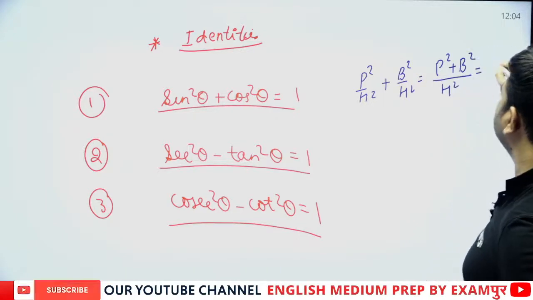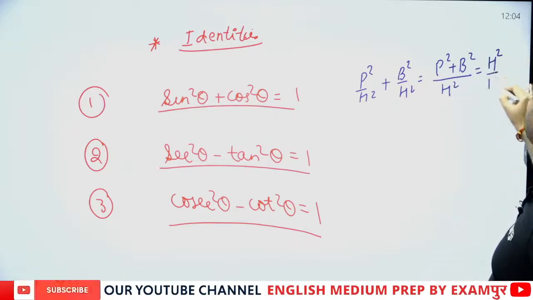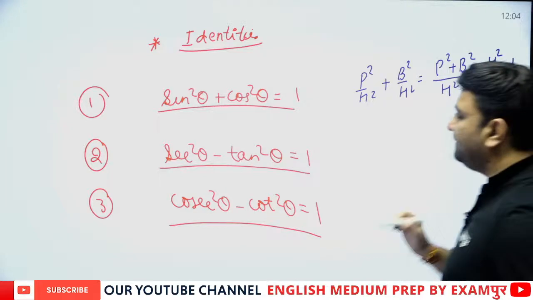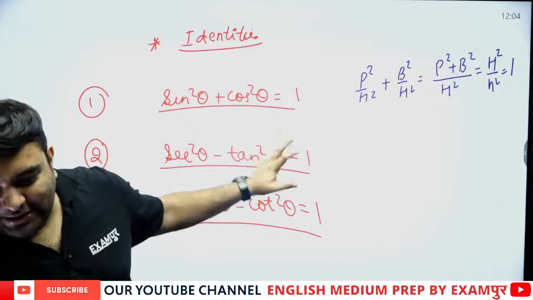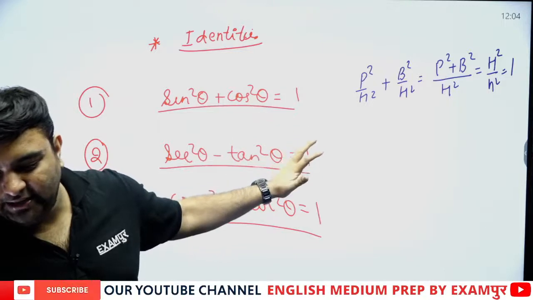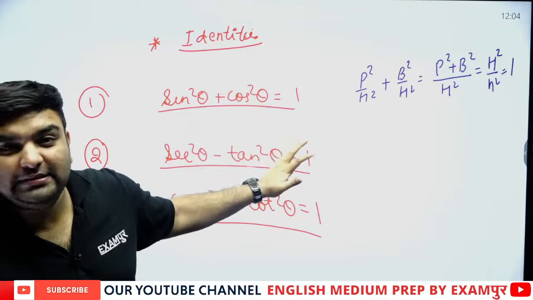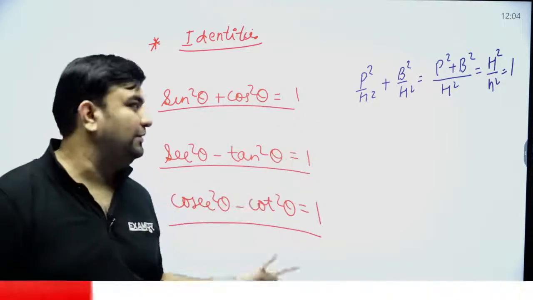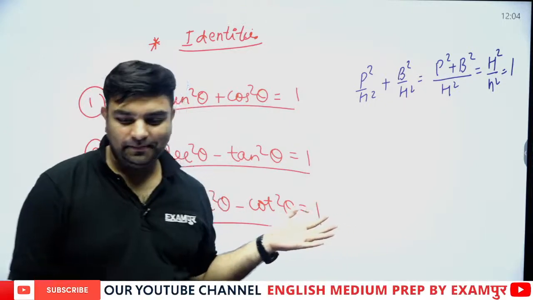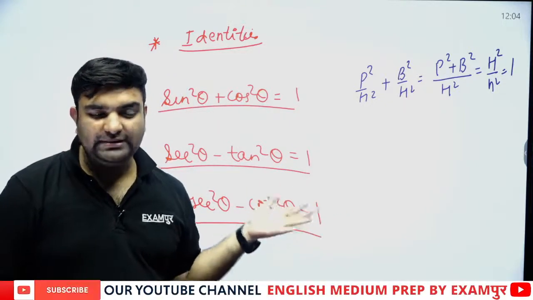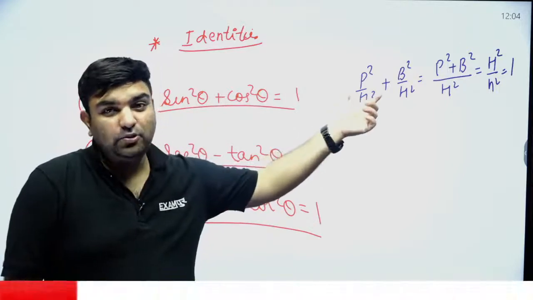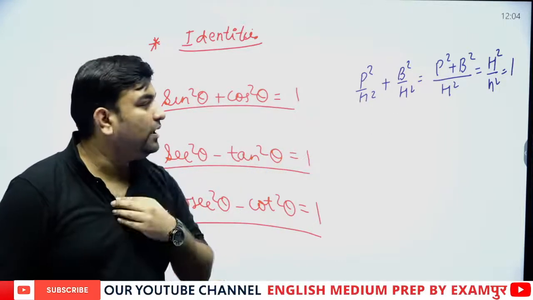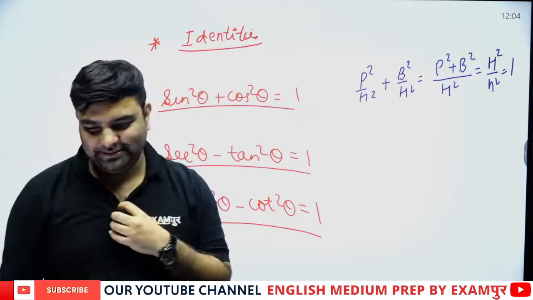And p square plus b square is always h square, so it is 1. The reason is inside the right angle triangle, because p square plus b square is always equal to h square. That is why this happens.